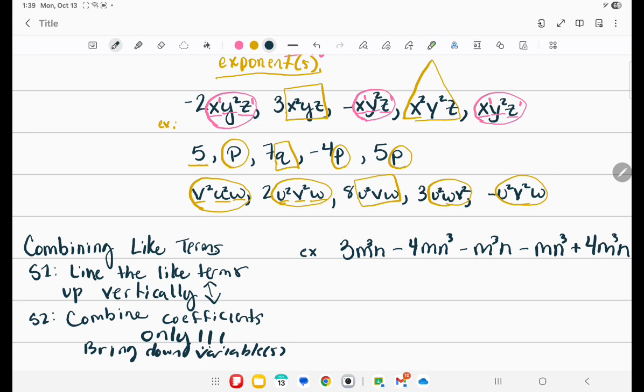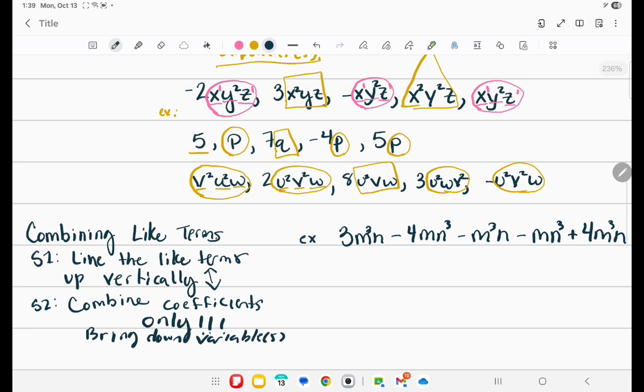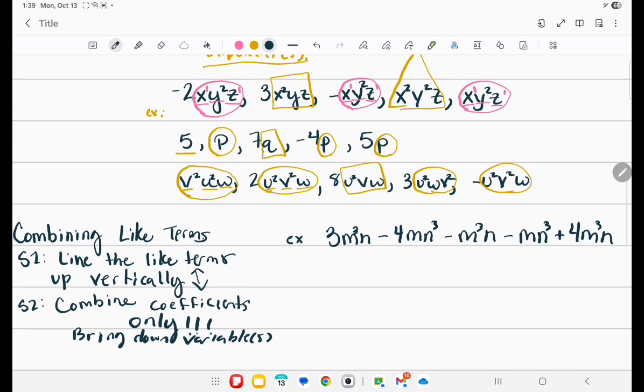All right, that's a real live problem right there. And our question says, combine the like terms. That's what it's going to take you to do. Or simplify. Make it so you have no like terms in your answer.